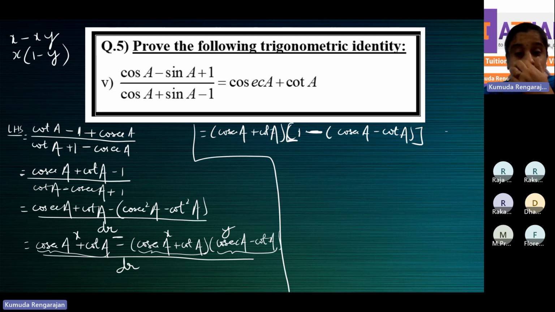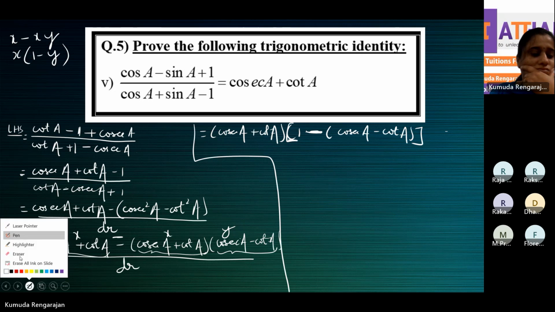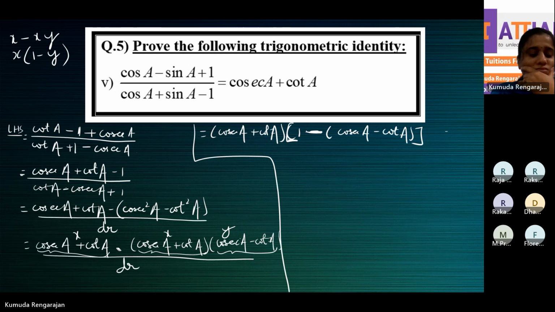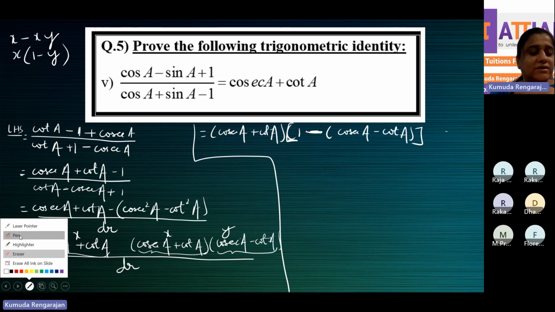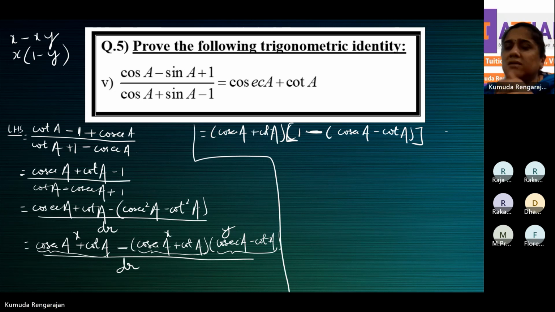Yes, Ritika? No, I actually didn't get you. Yeah, tell me. X. Yeah, cosecant A plus cot A. Here, 1 instead of 1.